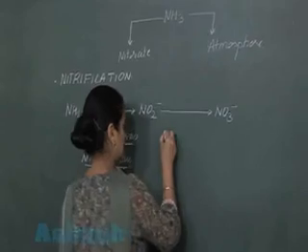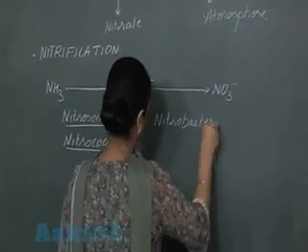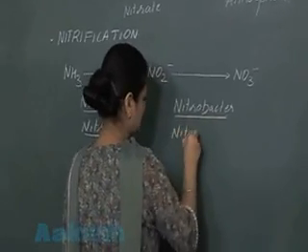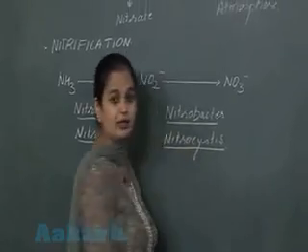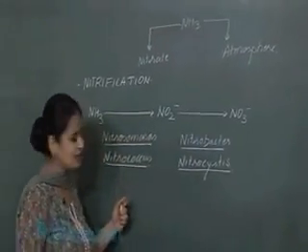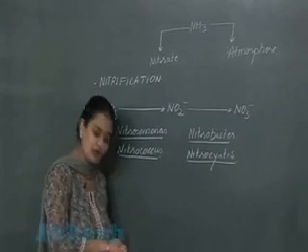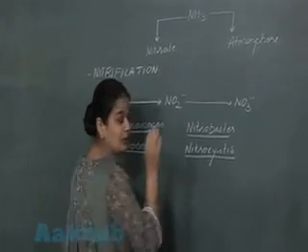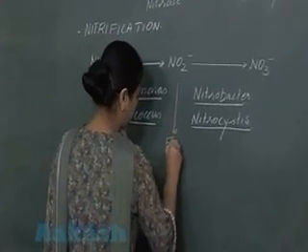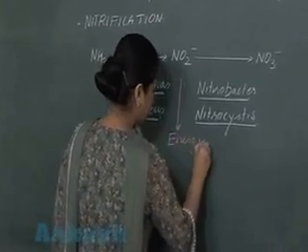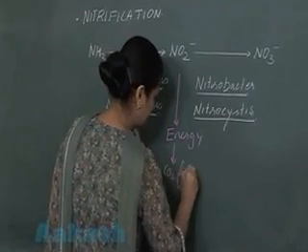Now this nitrite is further converted into nitrate. This step is carried out by Nitrobacter and Nitrocystis. Through this oxidation reaction performed by these bacteria, there is release of energy, and this energy is utilized by these bacteria for carbon dioxide fixation.